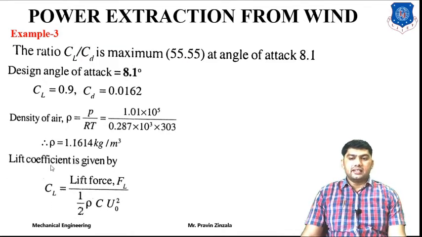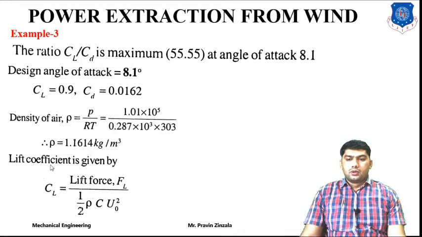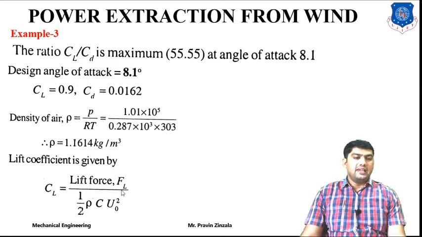First we calculate the lift force. In the previous lecture we derived the equation: lift force is equal to lift coefficient into 1 by 2 rho C U square, where U is equal to velocity, or in many examples also considered as V for velocity.